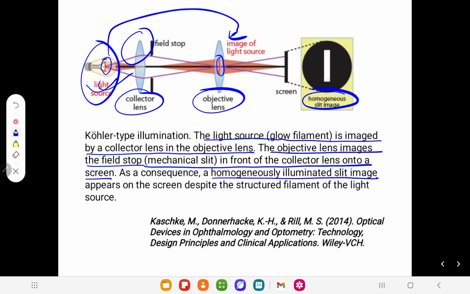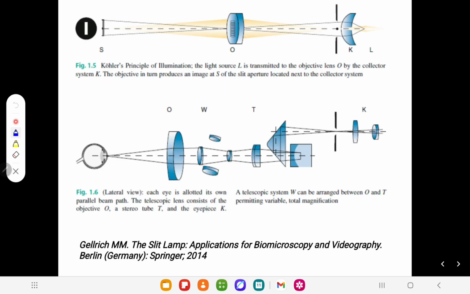That's why we can throw the homogeneous slit image at a particular focal length, where we want to send it in case of an illumination system. So that's why a homogeneous slit image is formed at the particular place where we want. It's basically a magical thing that Köhler derived, this type of illumination. It's very important to understand why it does that.